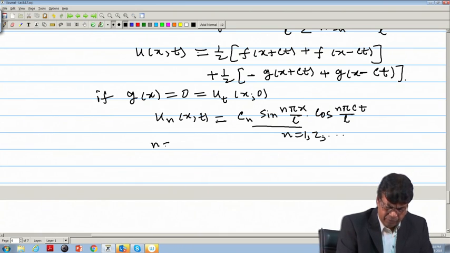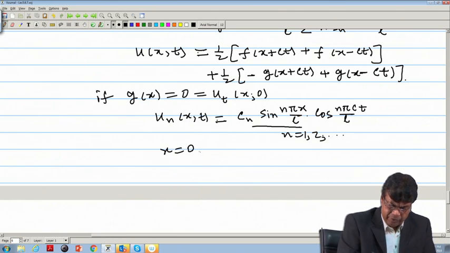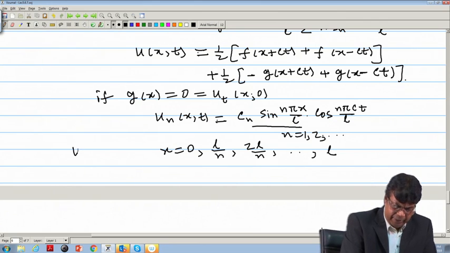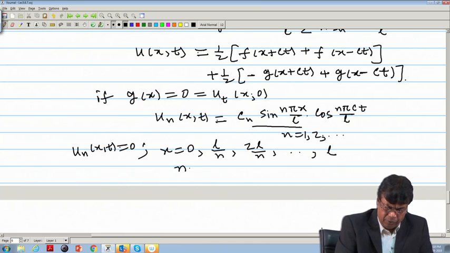I can say this way, that u_n(x,t) is 0 at x equal to 0, L by n, 2L by n, etc. up to L. So that means the displacement is 0 at these points, which we call the nodes for the nth harmonic.